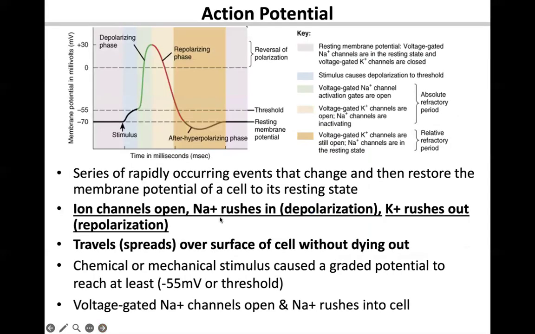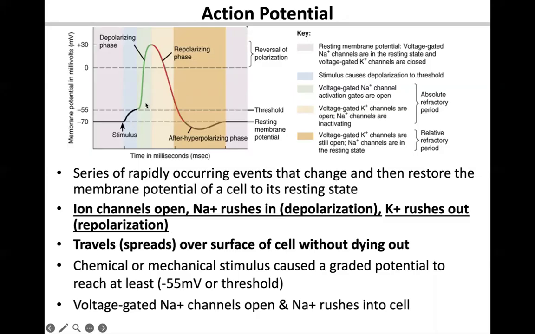So if you look in here, the cell is at resting phase, a stimulus comes, it reaches -55, action potential is generated. If it does not reach -55, it will be considered a graded potential and will die out.